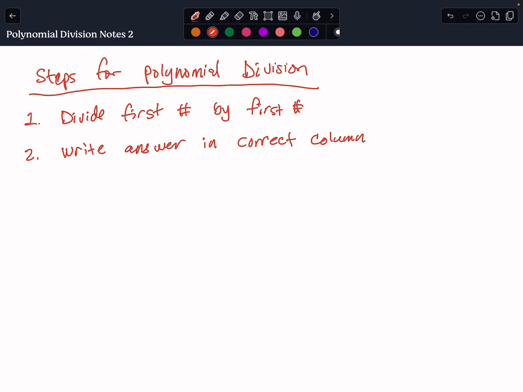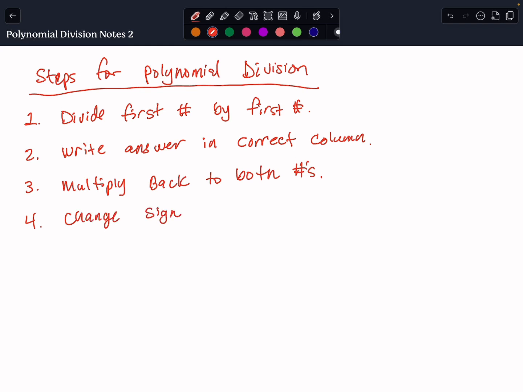Number three is multiply whatever you get back to both numbers. Step four is now we're going to change the sign. Step five, we're going to combine and drop down.